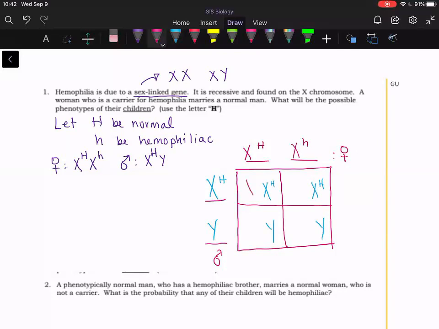And then I'm going to put the female's sex chromosome there. Okay, so there's our Punnett square. It says, now, what will be the possible phenotypes of the children?